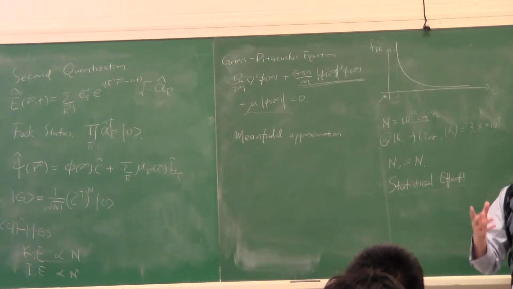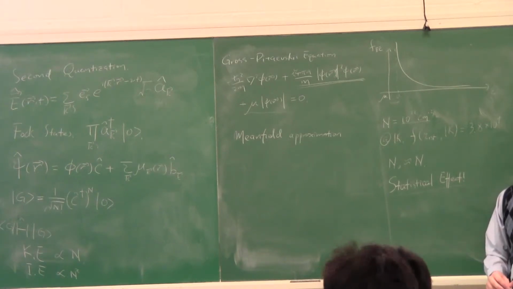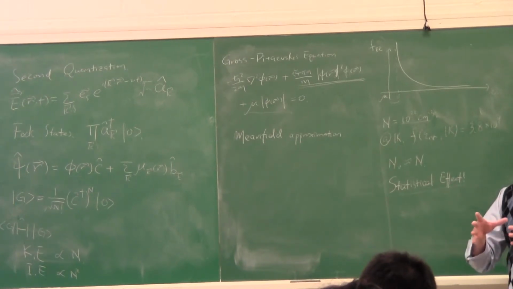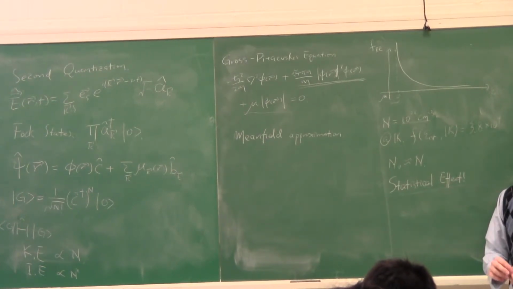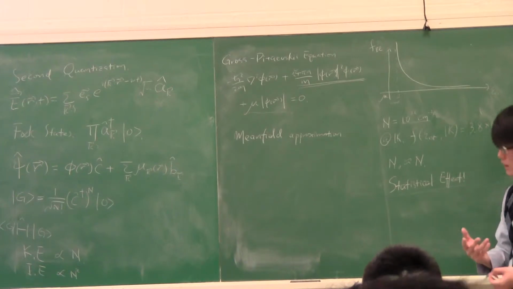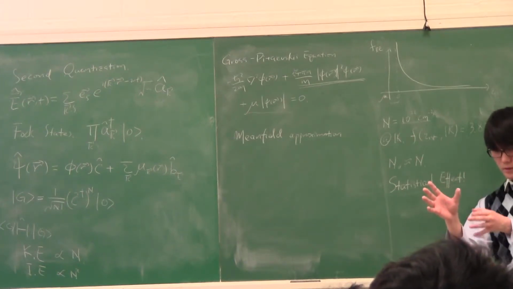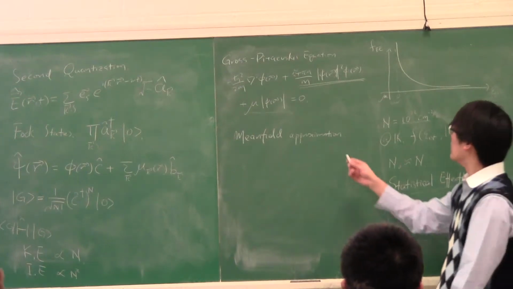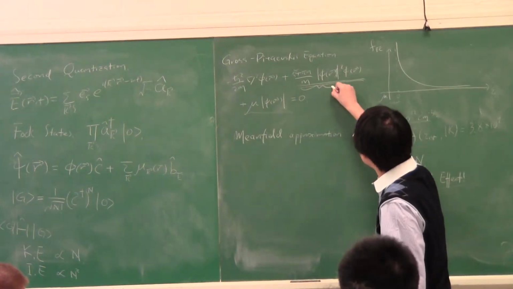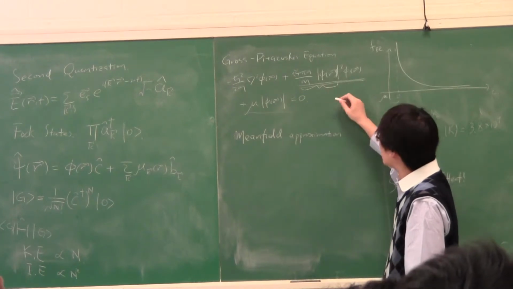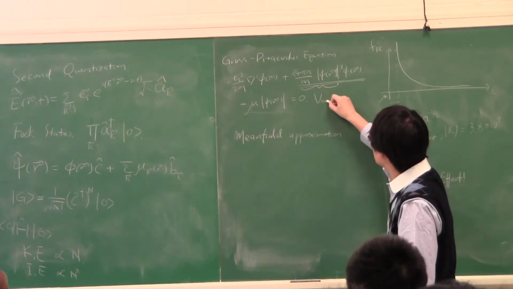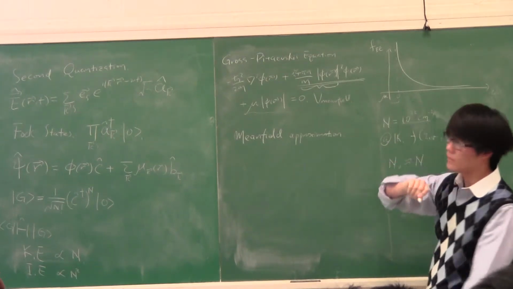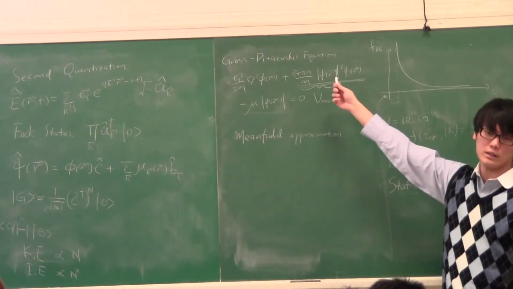Okay? And the strength of the field is of course dependent on the magnitude squared of the ground state wave function, because that gives you the density of the particles there. Right? So you can think about this factor as some kind of mean field potential. And because of that mean field approximation, it has this nonlinearity here.